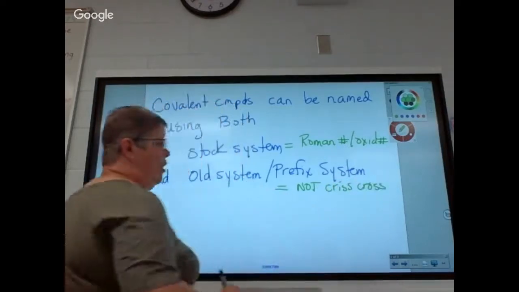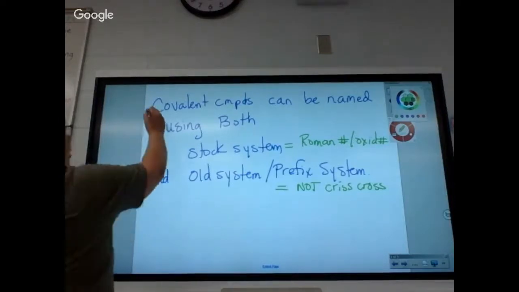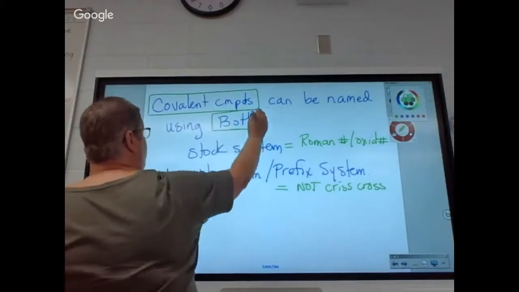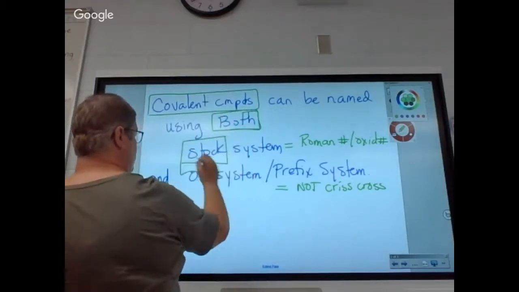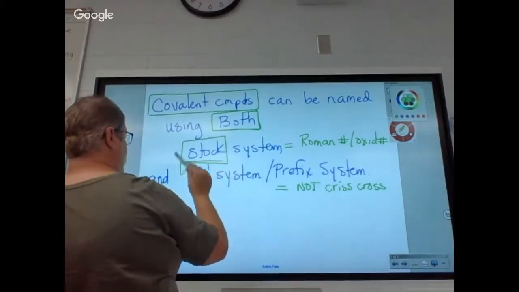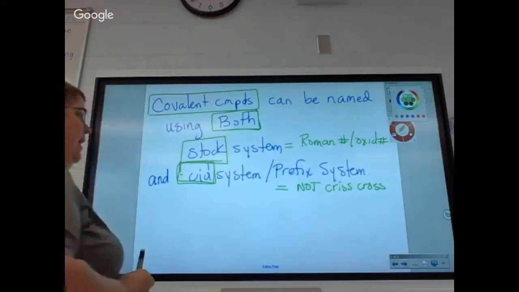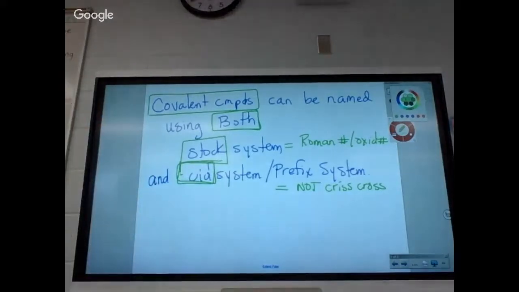So if we're not going to crisscross, we're not going to use any oxidation numbers. So covalent compounds are going to use both stock and old system. Now, did I say we could use old system on ionic compounds?